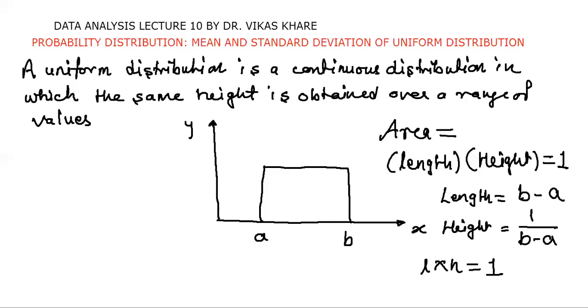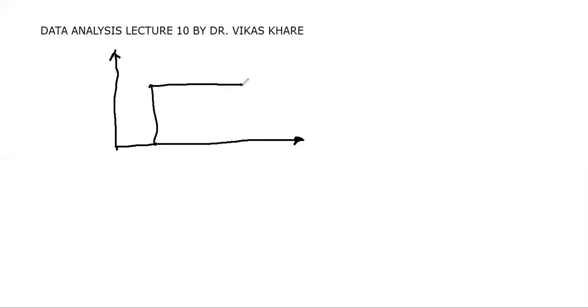Now we will consider the concept of uniform distribution from an example. Again we draw a rectangle where the points are 40 and 60 on the x-axis.